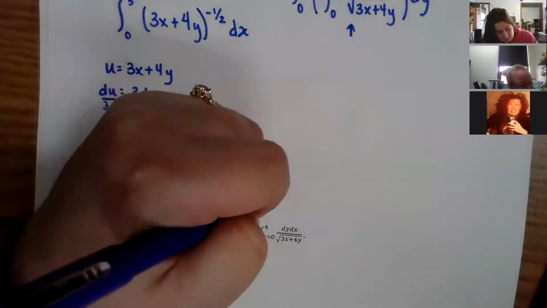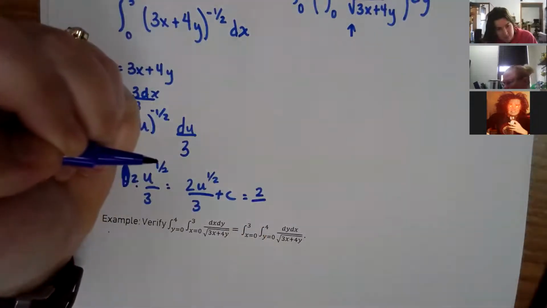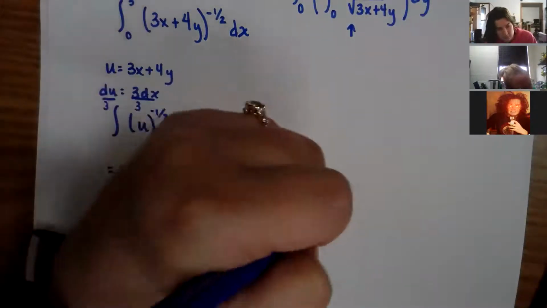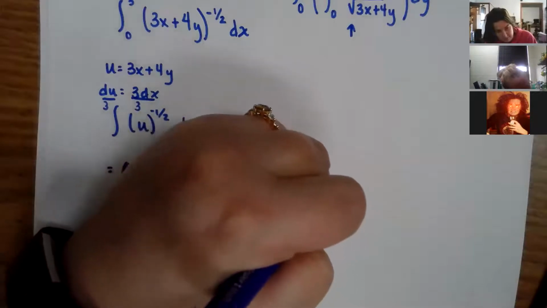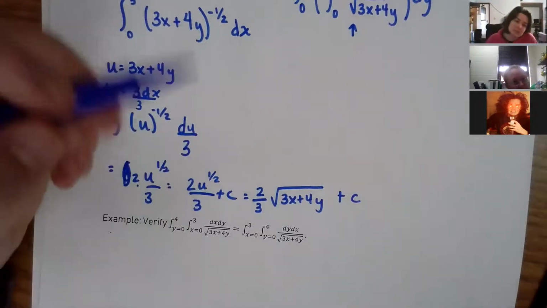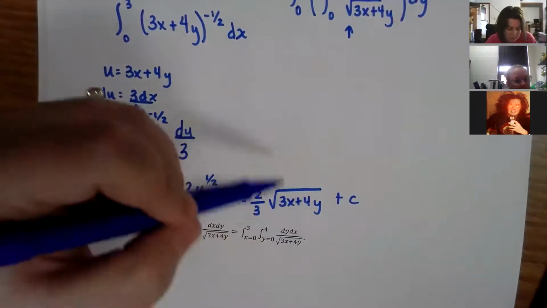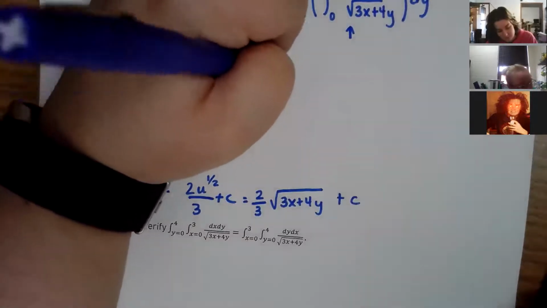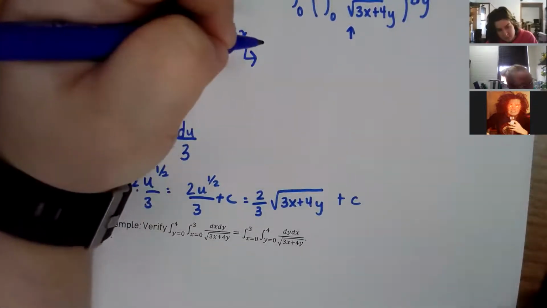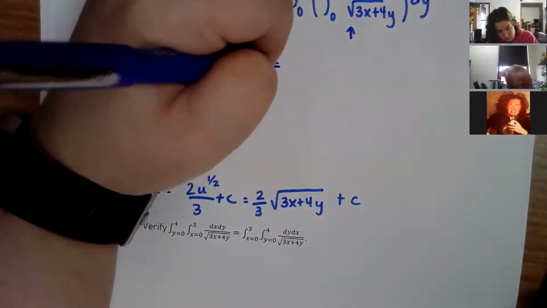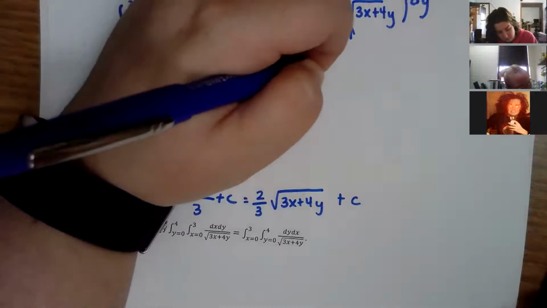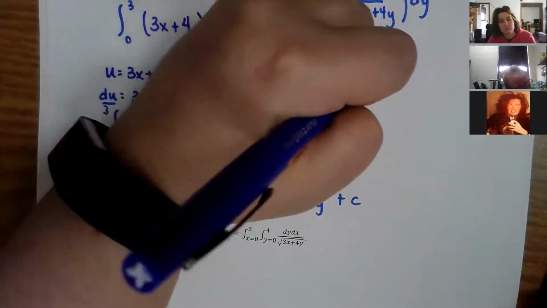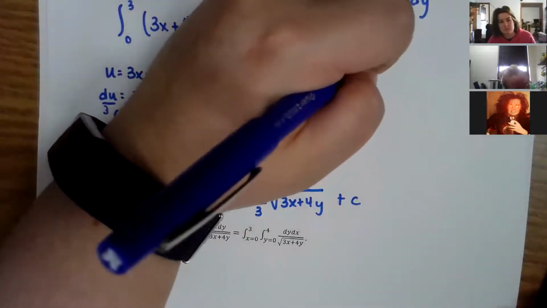Make sure I did that right. Yeah, 2/3 root 3x plus 4y plus some c. So if I go back to this part and plug this stuff in, that becomes 2/3 times root of 3x plus 4y, evaluated where x is equal to 0 and x is equal to 3.